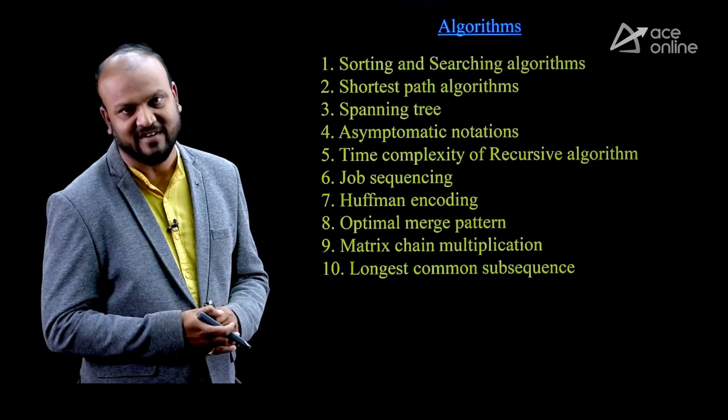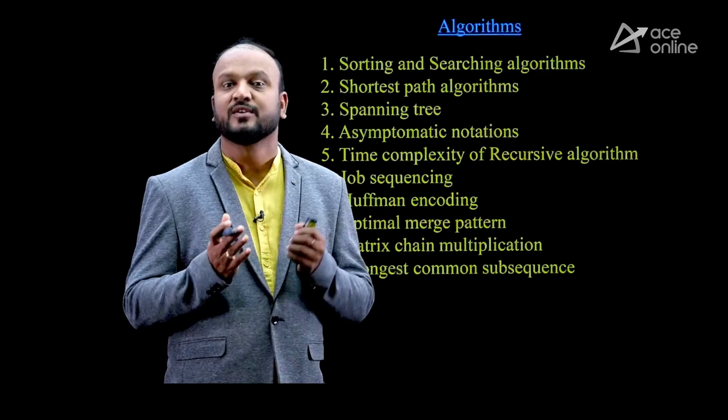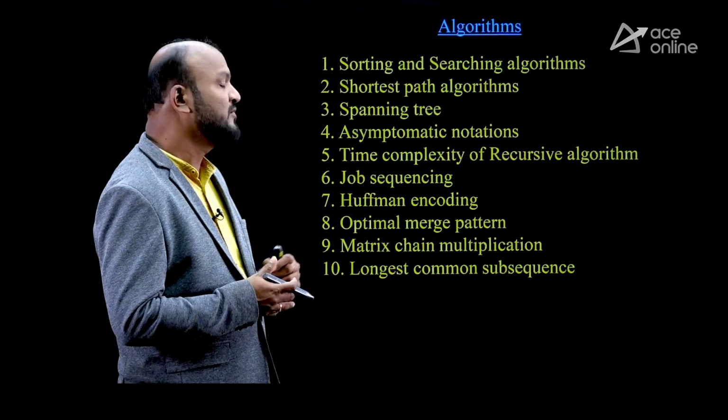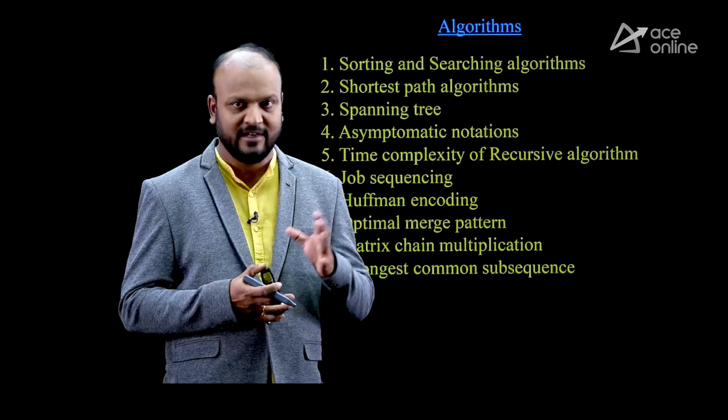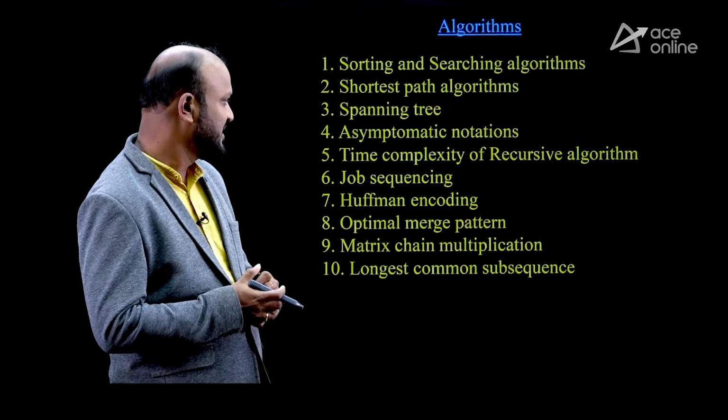Then you can focus on spanning trees, where you can focus on Prim's algorithm and Kruskal's algorithm and their implementation. And also you can focus on asymptotic notations. There are 5 notations. You can practice questions on asymptotic notations.